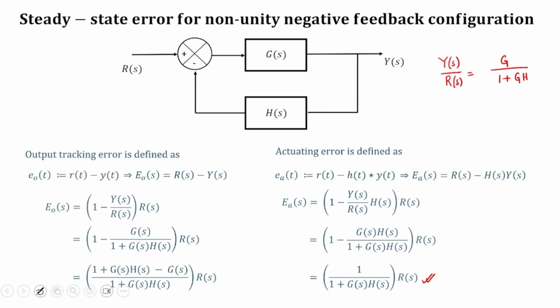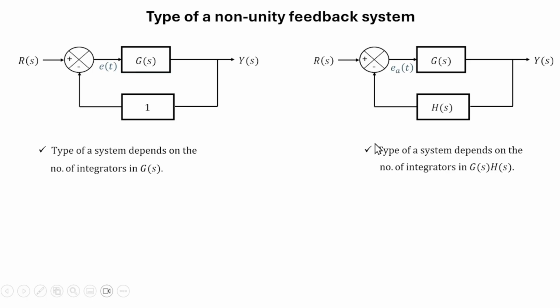However, the denominator here is 1+GH, and in case of the unity negative feedback configuration, we had the denominator as 1+G, and we used this G to define the type of the system. So in this case, we will define the type of the system as the number of integrators of GH, instead of the number of integrators of G, which was for the unity feedback system.